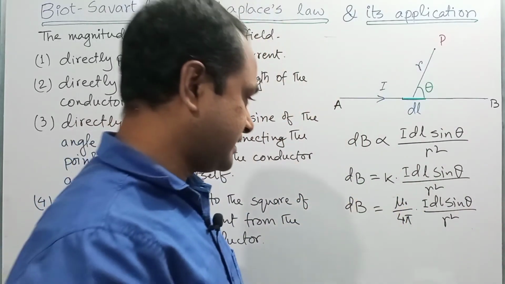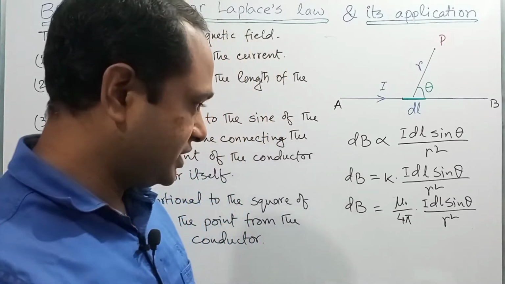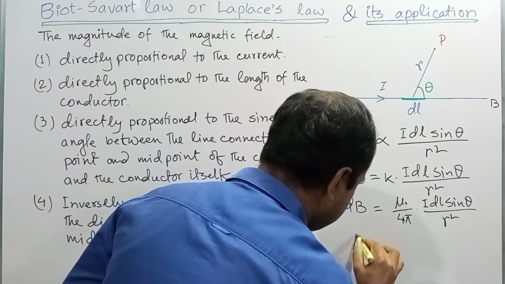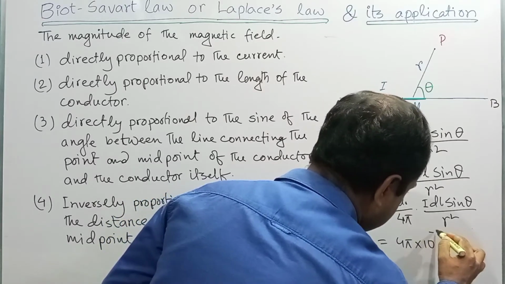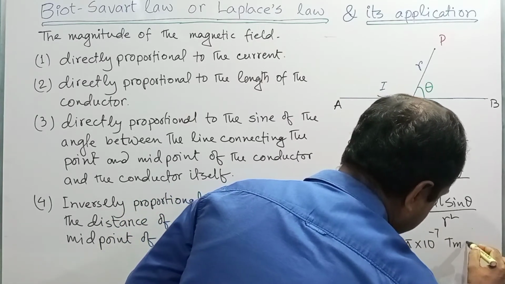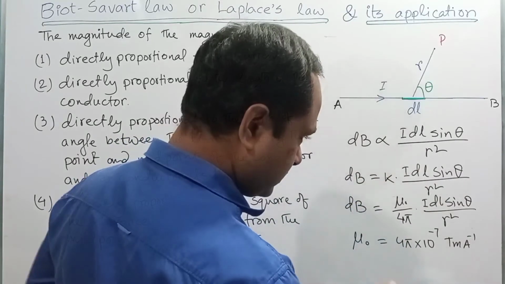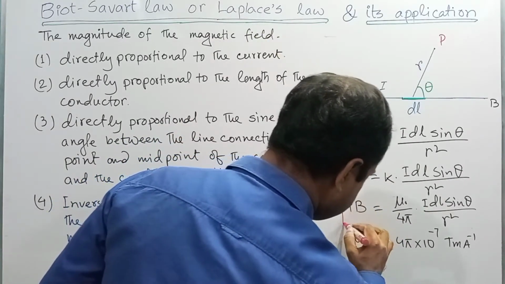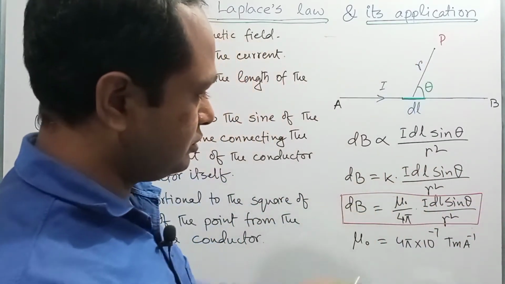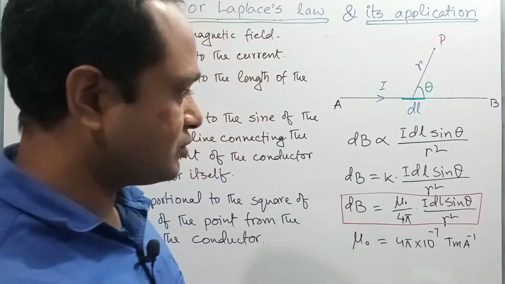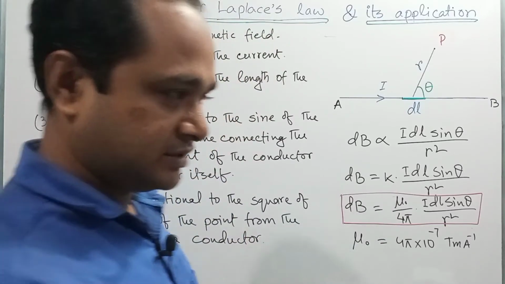Here mu naught is the permeability of vacuum and the value of mu naught is equal to 4 pi into 10 to the power minus 7 Tesla meter per ampere. So the final form of the Biot-Savart law is dB is equal to mu naught by 4 pi into I dl sine theta by r square.